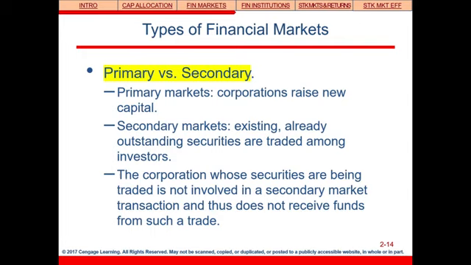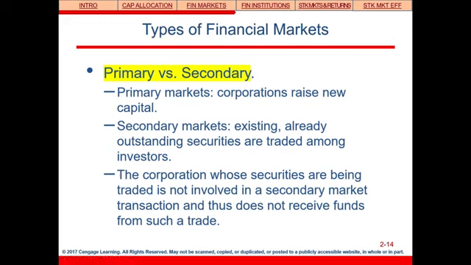It's just those securities that were already issued are now traded among investors. So that's the difference here. The corporation whose securities are being traded is not involved in the secondary market transaction and thus does not receive funds from such a trade.